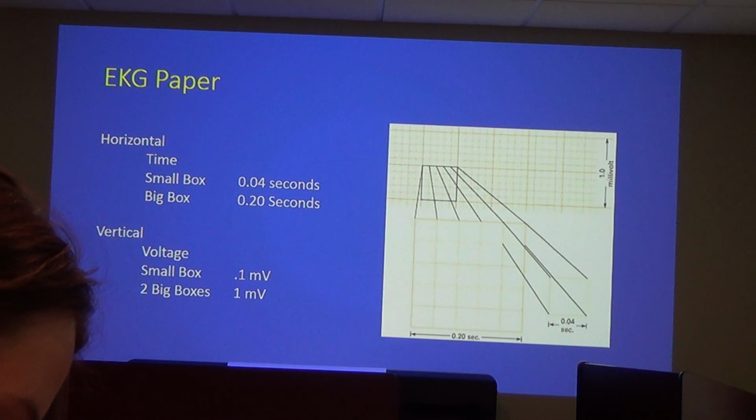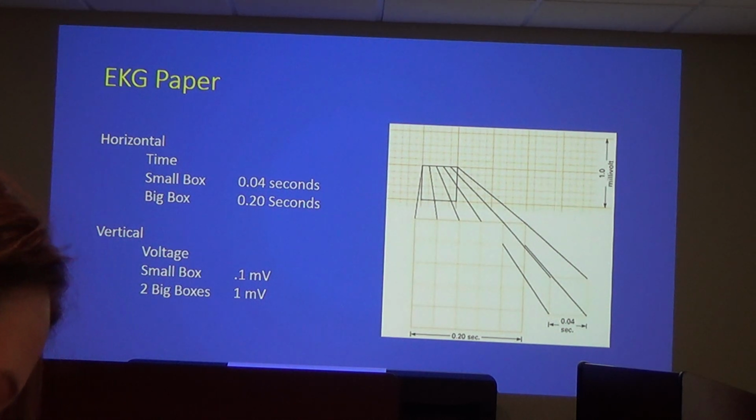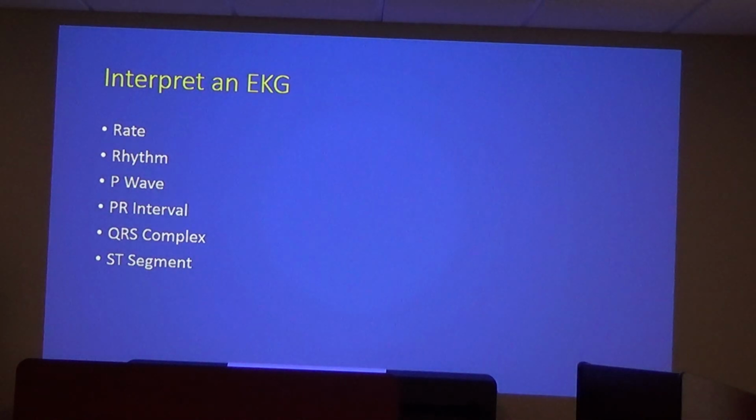A normal QRS duration is less than 100 milliseconds, so 2.5 boxes, and a full bundle branch block is more than 120 milliseconds, so 3 small boxes. Three little boxes is what we're looking for. So it's the width we're looking for and the confirmation of it.